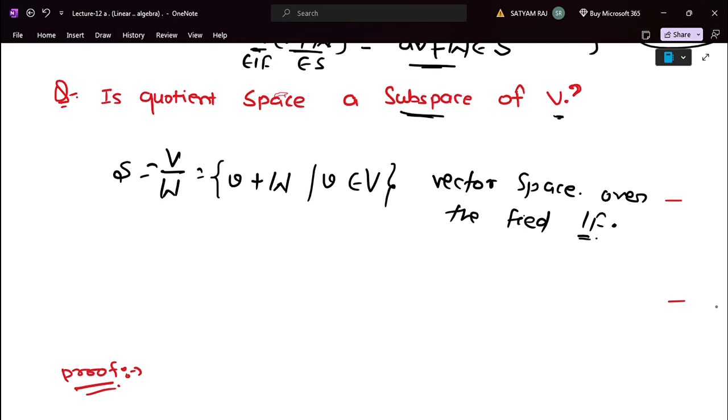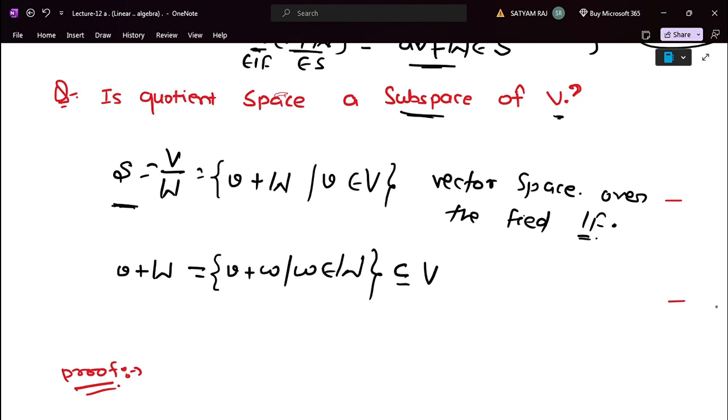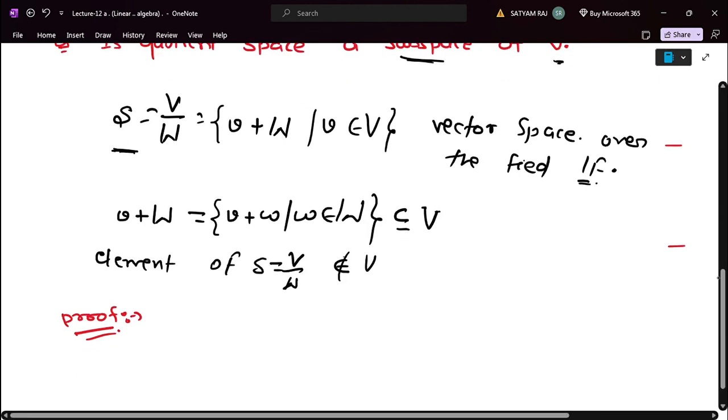Now here, what we see is that an element of V by W is v plus W, where W belongs to capital W. This is a subset of V. An element of this vector space is a subset of V, so an element of S equal to V by W does not belong to V, because it is a subset, not an element.